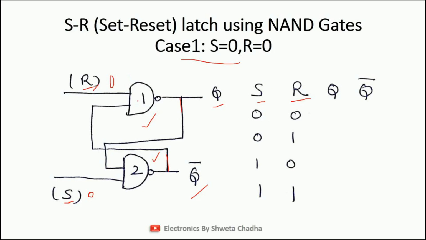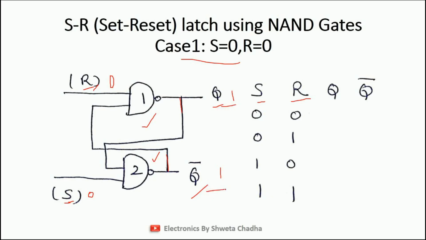So for gate number 1, minimum one input 0, true, the output is going to be 1. Similarly, gate number 2, minimum one input 0, output is going to be 1 as per the previous discussion. Now the conclusion says that Q is equal to 1 and Q bar is also equal to 1.